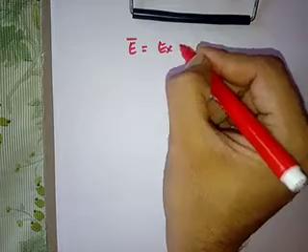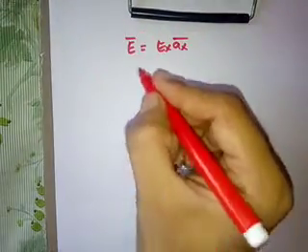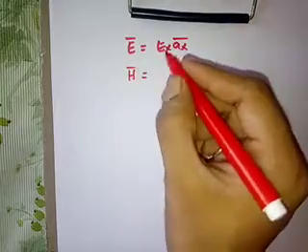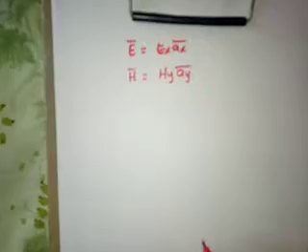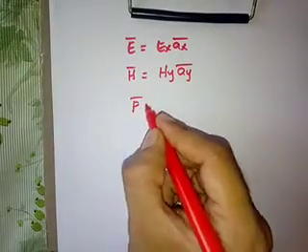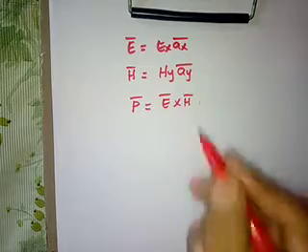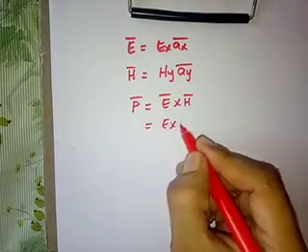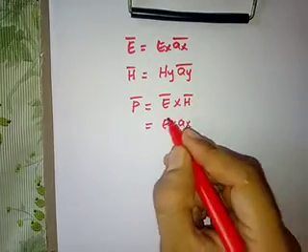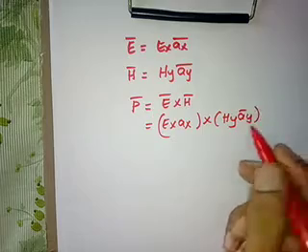Ex Ax bar, and H bar is equal to Hy Ay bar. Then P bar is equal to E bar cross H bar. That is Ex Ax into Hy Ay bar, right?